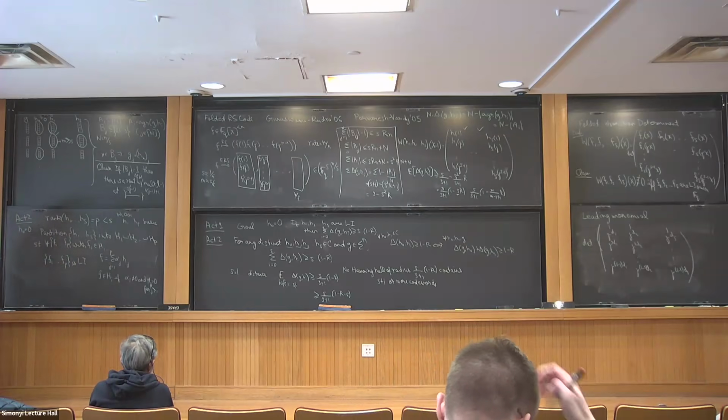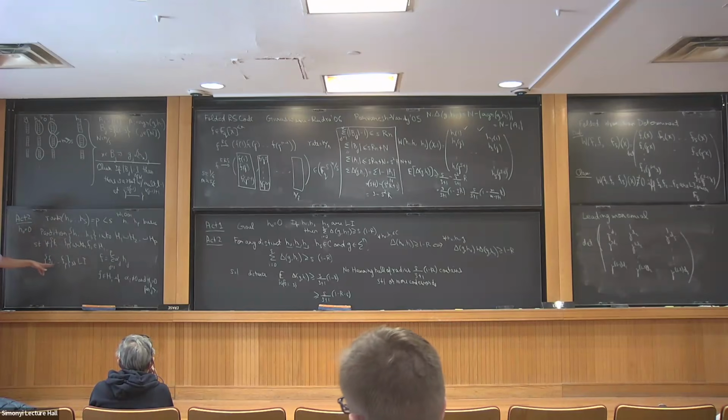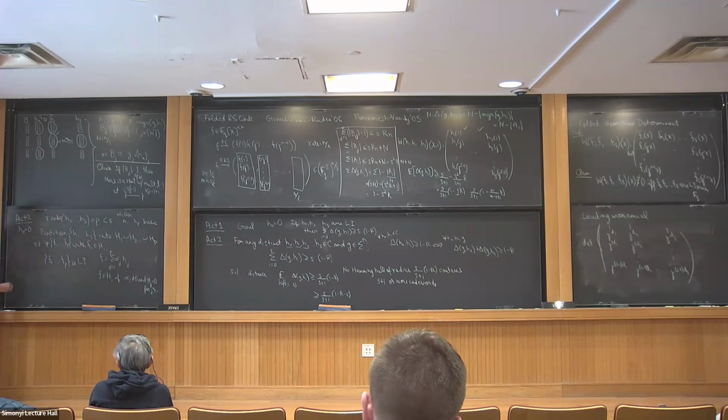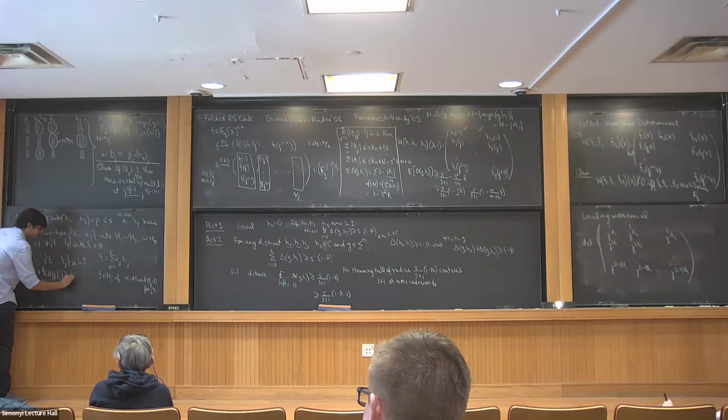You can do this greedily. Now, for each such collection, F1 through FP, I can do the same argument as before. What will I get? There will always be this annoying H0, but after that, it will look like the same thing, so P plays the role of S before.